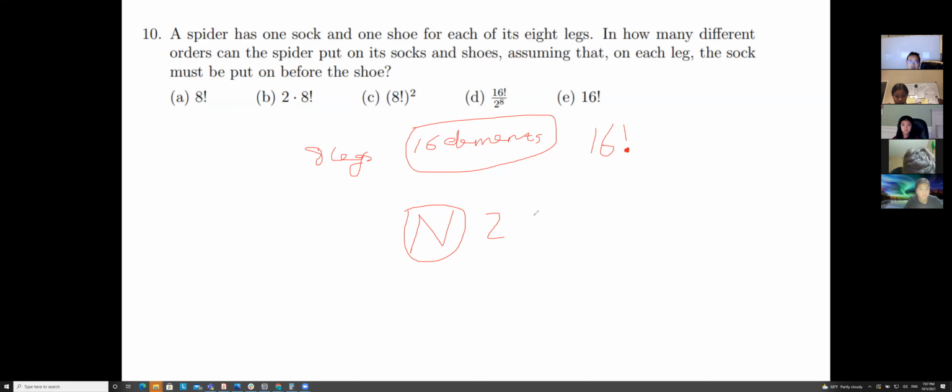We got 4 minutes. Okay, that's good. So each leg will have double the choices, right? And then how many legs? 8, right? If you multiply this and this, this will be our full arrangement as if there's no order limit, which is what?